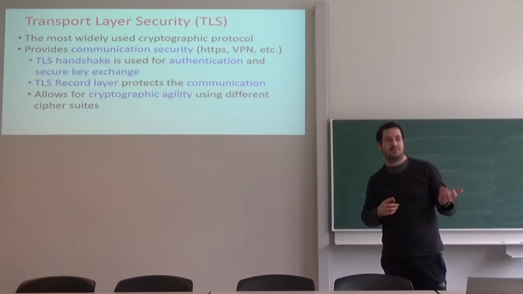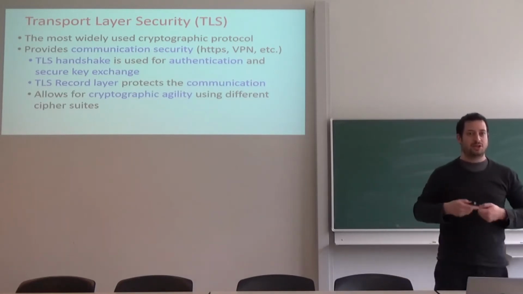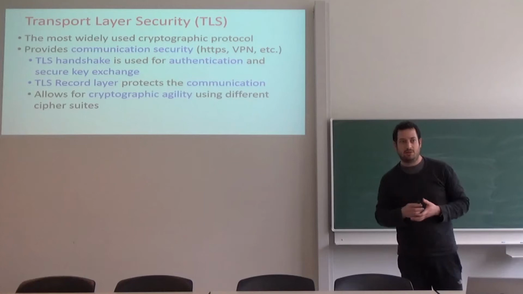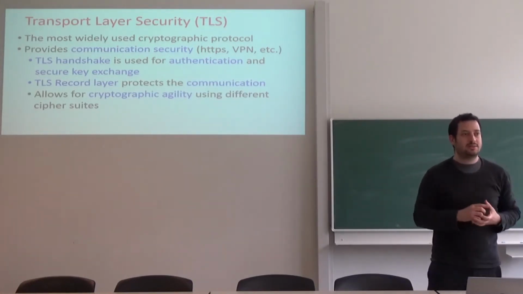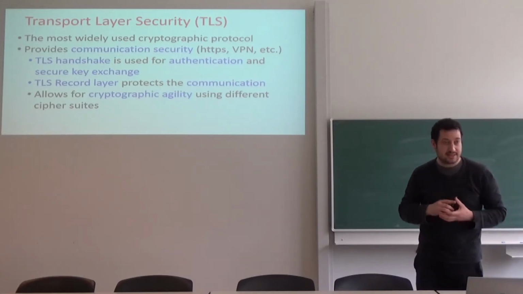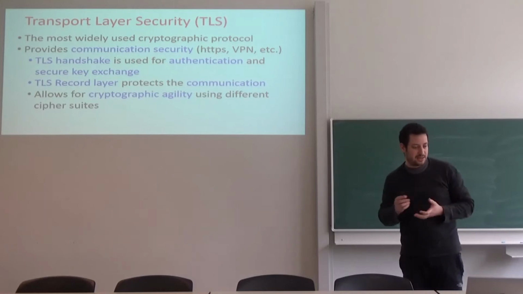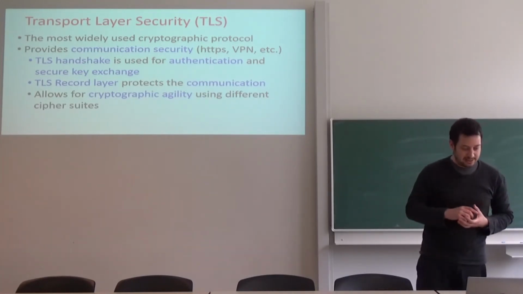So it will help us verify that we are communicating with Gmail and not with some other provider, and create a secure key exchange for this specific session for us to encrypt, for example, all of these cat videos on YouTube. The other main part is the TLS record layer, and this does the actual encryption. After we have this symmetric key from the TLS handshake, we use it to encrypt the data.